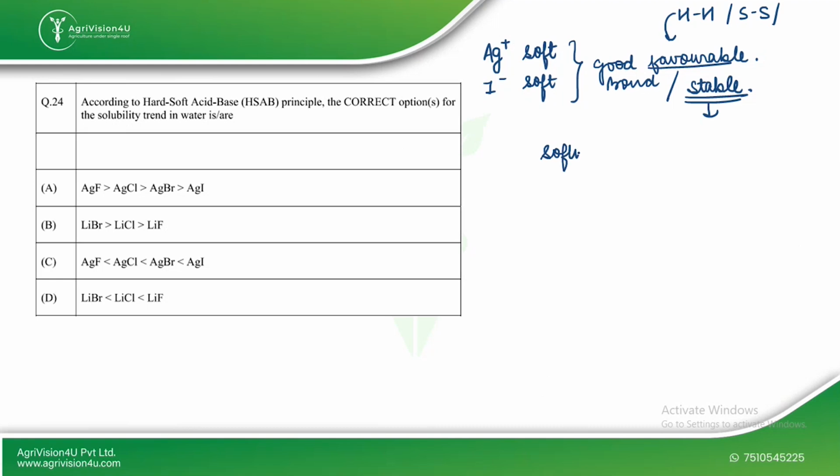So basically the softness is directly proportional to the polarizability and inversely proportional to the solubility in water. So the correct order will be A, because this is very strong, highly stable, will not be that soluble, but this is not forming that strong a bond, so it will get easily solubilized.